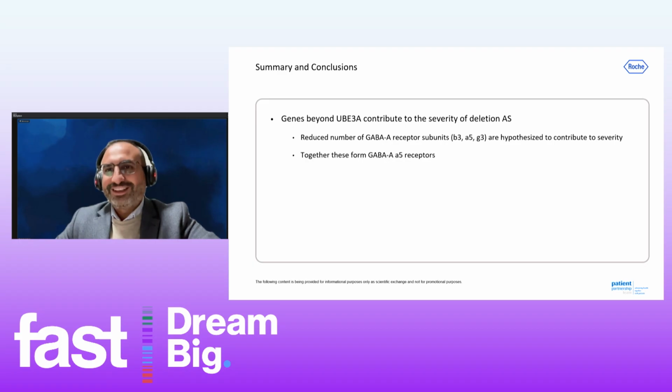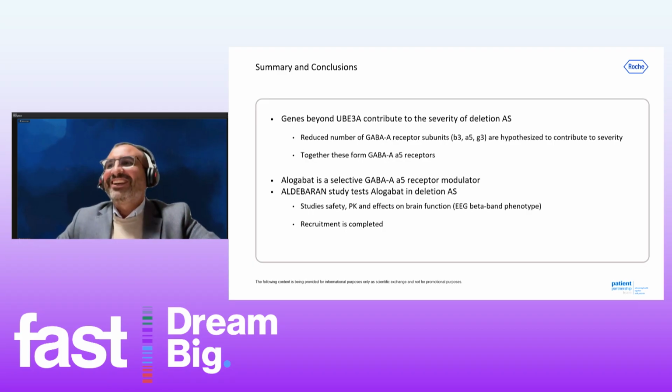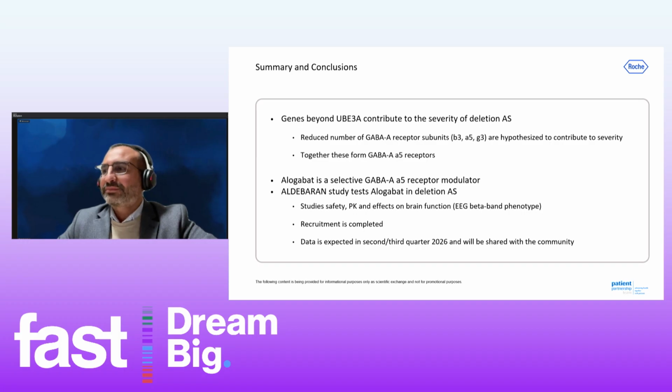So in conclusion, the Aldebaran study will enable us to explore the role of the deleted GABA genes in deletion Angelman syndrome, and whether restoring the GABA functioning with Alogabat could have a therapeutic benefit and help Angelman syndrome patients.